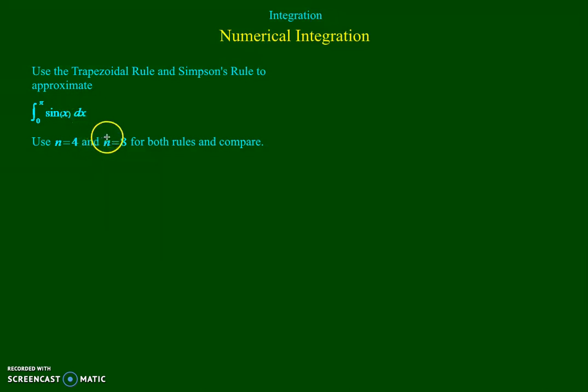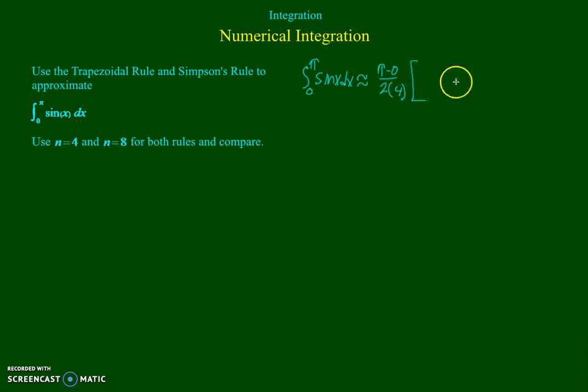So let's go ahead and start with the trapezoidal rule. So we know that the integral from a to b, from 0 to pi of sine x dx is approximately equal to b minus a over 2n. So it's b minus a over 2 times 4, and that's going to be multiplied by the sum of the trapezoidal rule approximation.